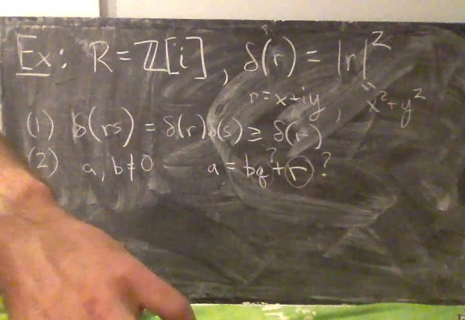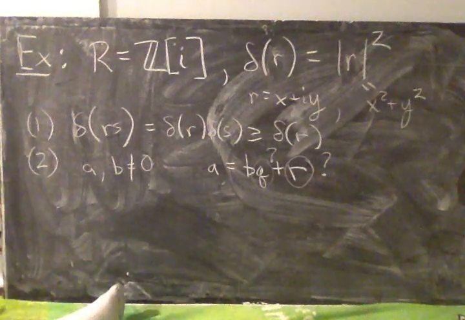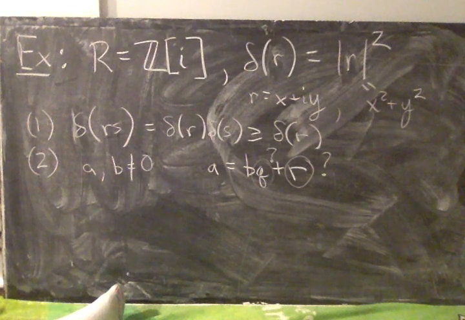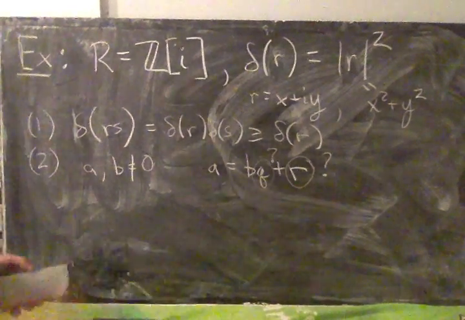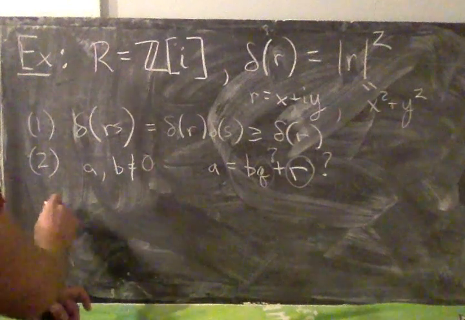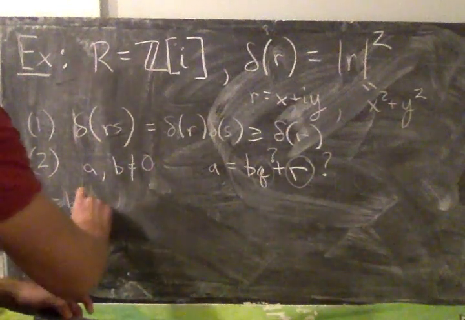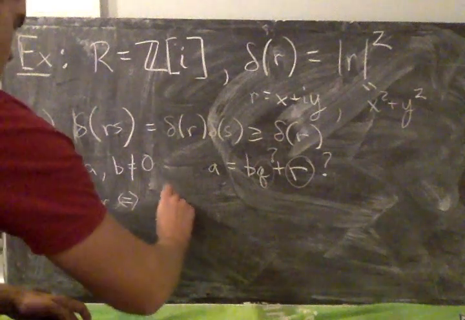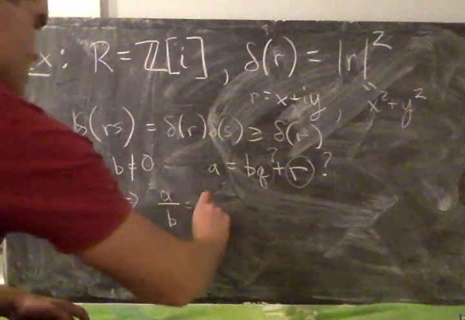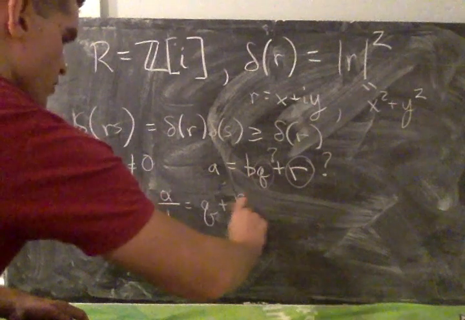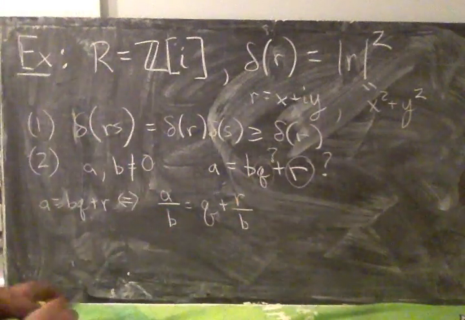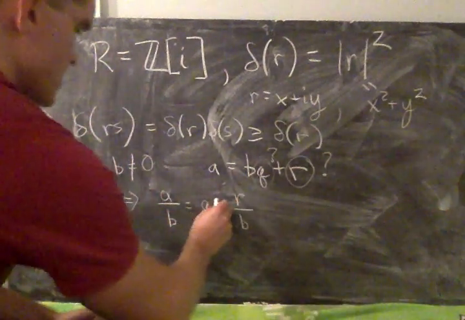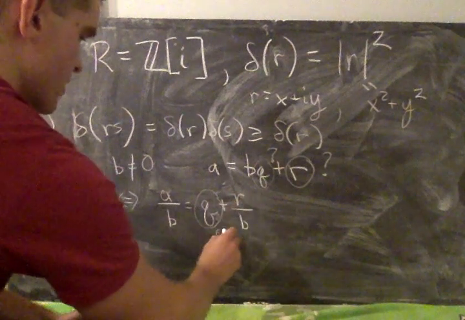I'm going to show you more or less explicitly how to figure out what those should be. Basically, we start with this equation, A is equal to BQ plus R. That's equivalent to A over B is equal to Q plus R over B. Right? And I want Q to be a Gaussian integer.